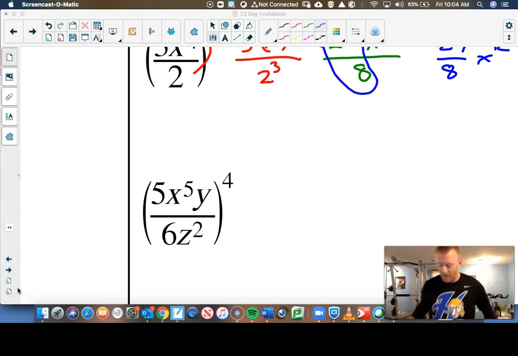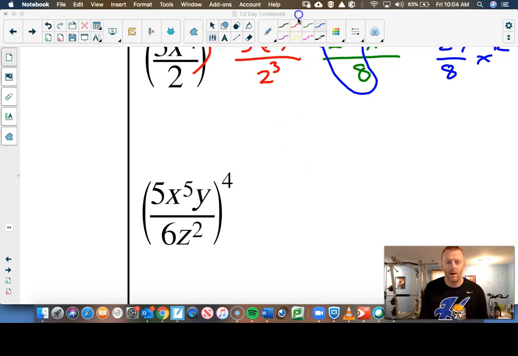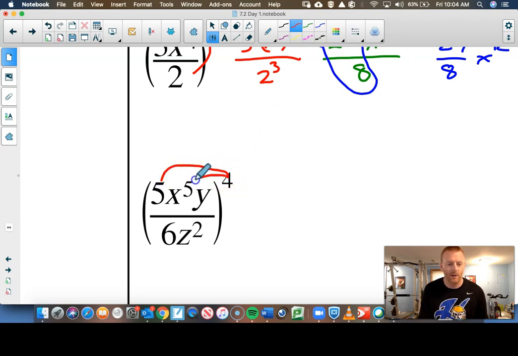The next problem is the same exact idea. Again, you guys can hit pause whenever you need to. But we're going to take this to the 4th power, and it goes to the coefficient, it goes to the x's, to the y's on the top, it goes to the 6 on the bottom, and to the z's on the bottom.